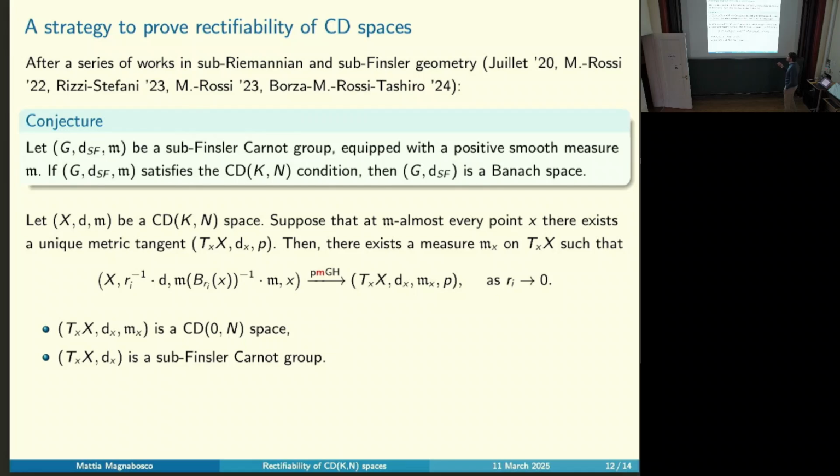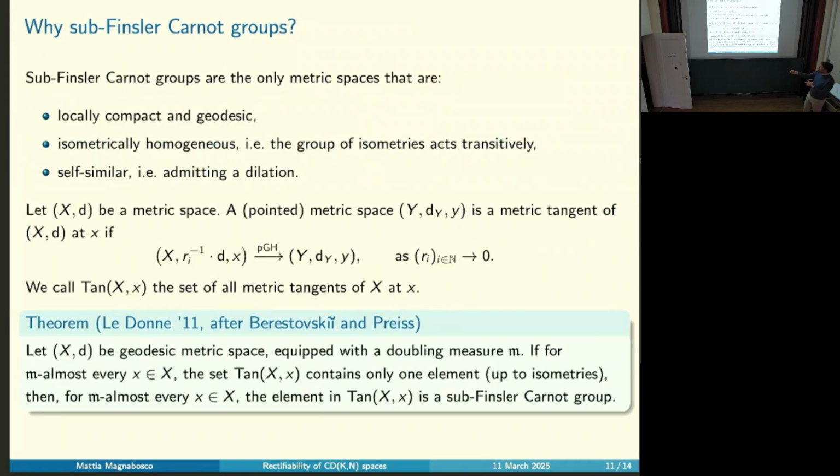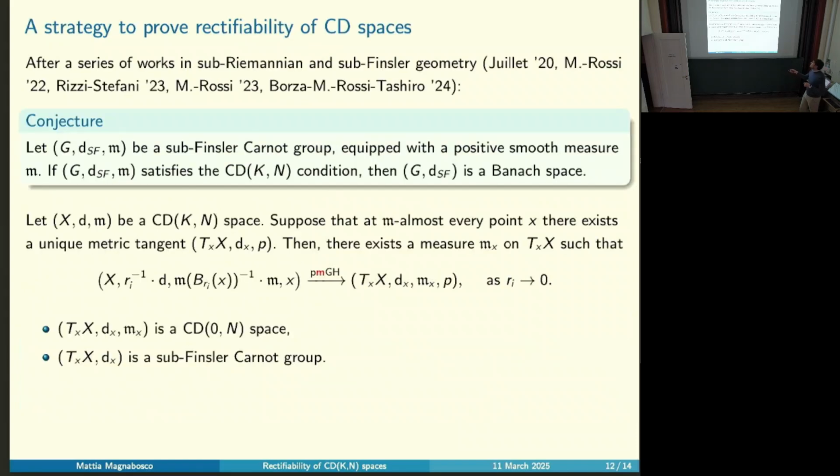So let's start from a CD(K,N) space and suppose that at almost every point there exists a unique metric tangent. So the tangent is unique, and we are exactly in the assumption of this theorem. Then there will be a nice measure m_x on this tangent, such that this sequence of rescalings, which also takes into account rescalings of the measure, converges with respect to the pointed measured Gromov-Hausdorff convergence to our tangent space equipped with this nice measure.